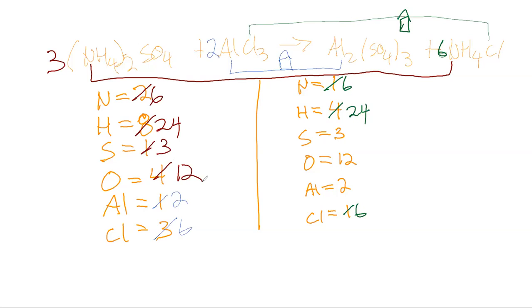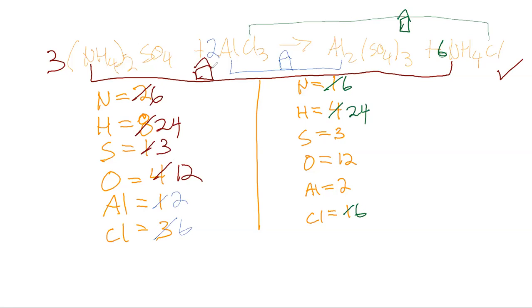And now as I compare, if I want to move on to my sulfur next, well, that's 3 and 3, so that's balanced. My oxygen, 12 and 12, so that's balanced. And all of this checks out. It looks like we're balanced. So that's what we needed to do.